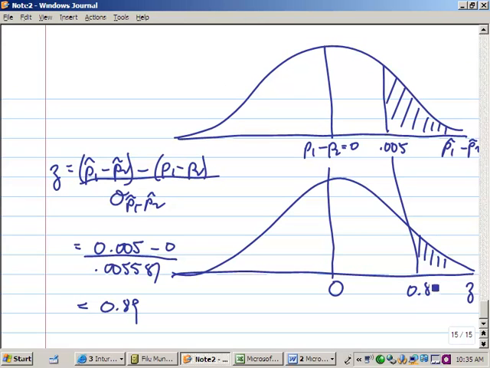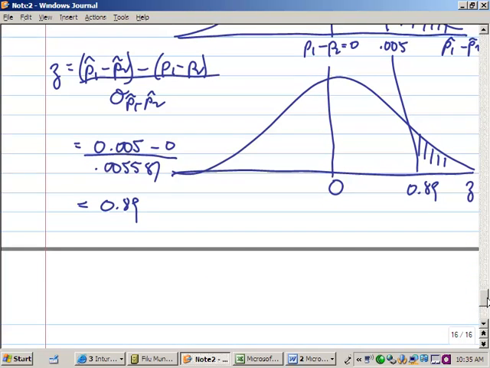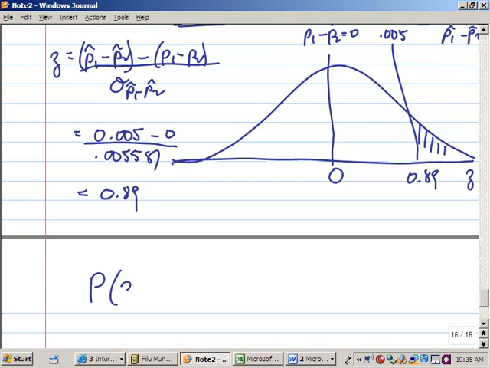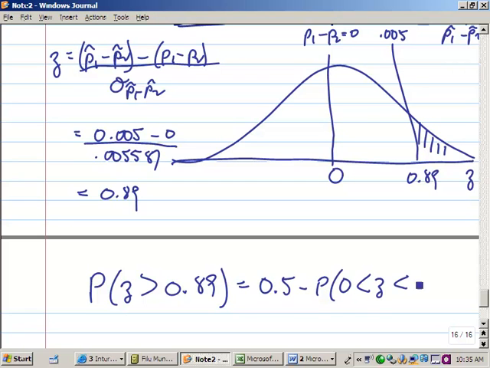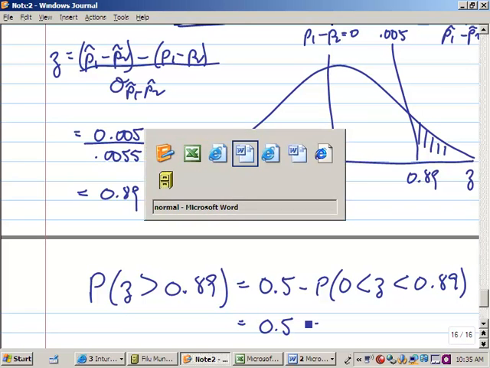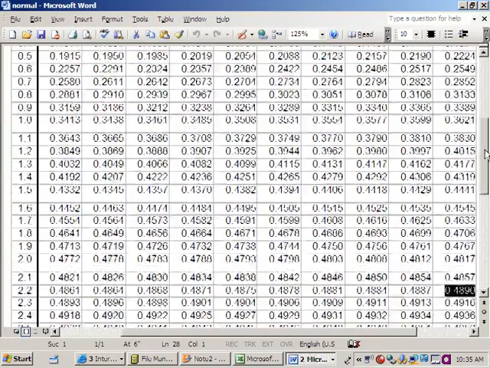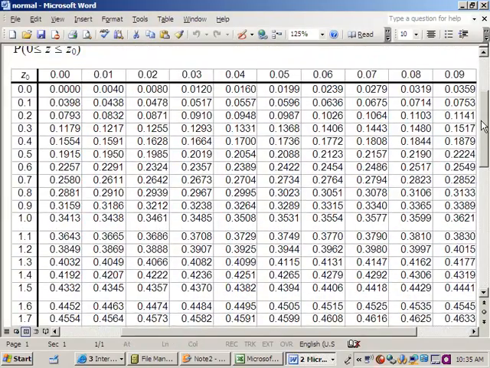So we're going to find the probability of getting z greater than 0.89. Yet again, area of the tail, so it's a half minus the area in our tables from 0 to 0.89. And for 0.89 that value there is 0.3133.